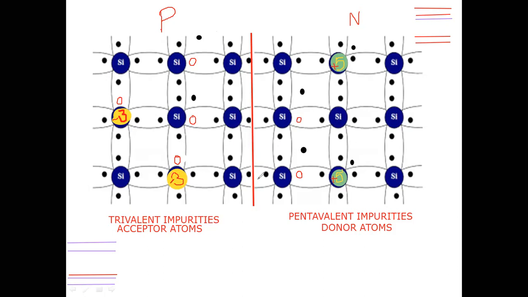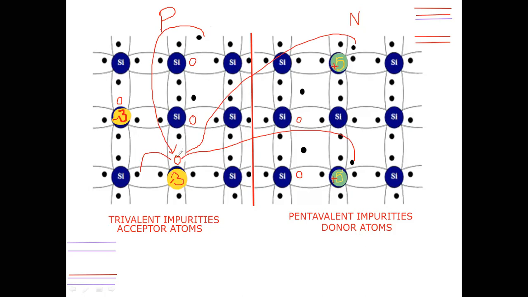Okay, understand? So if this trivalent impurity atom accepts an electron from a neighboring silicon atom, or an electron from a silicon atom which has broken a bond, there are several possibilities to fill the hole.